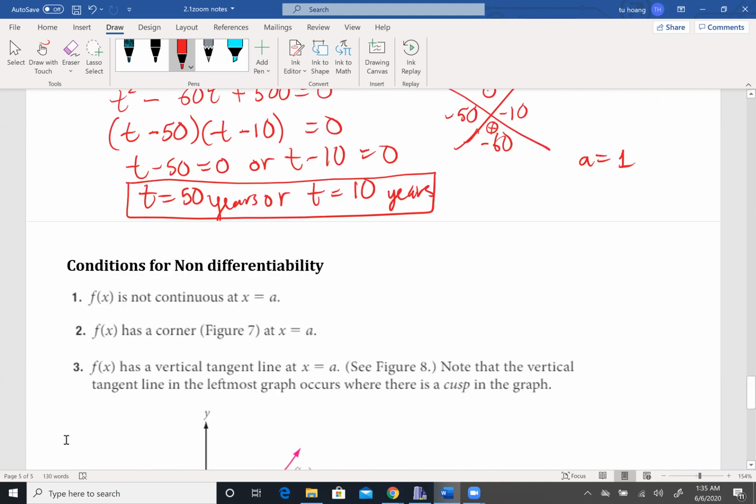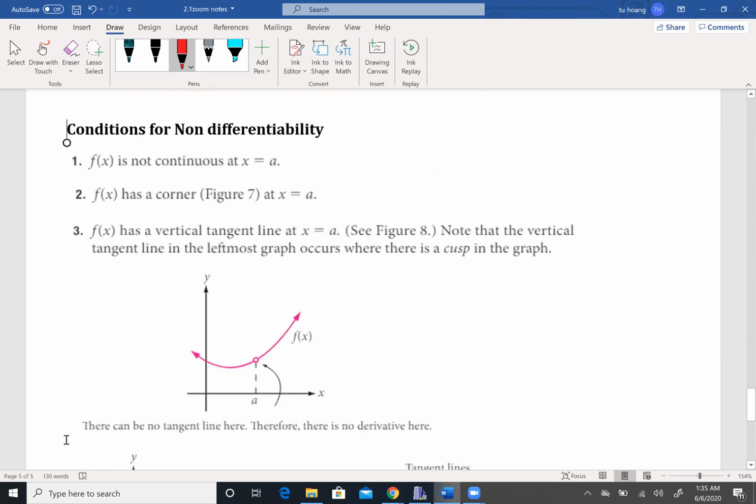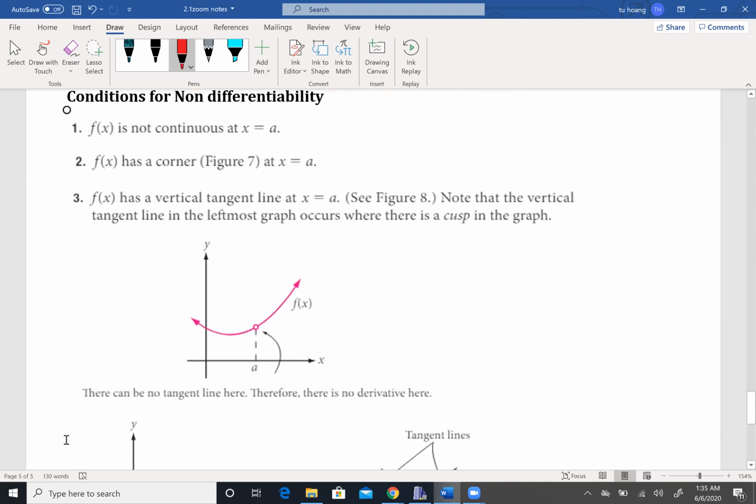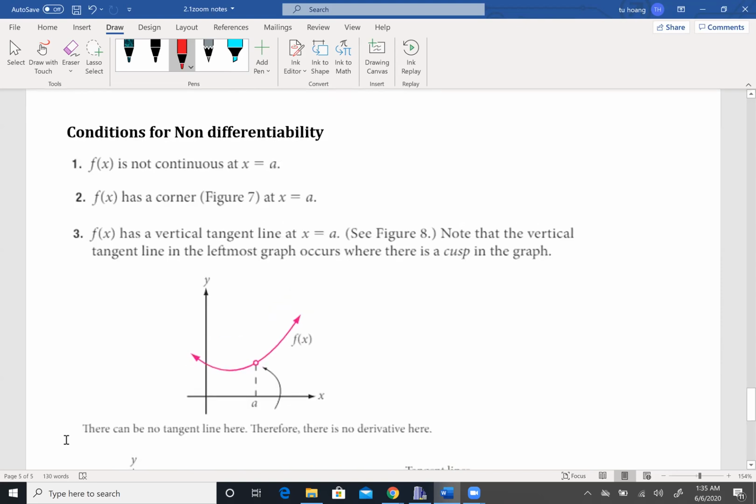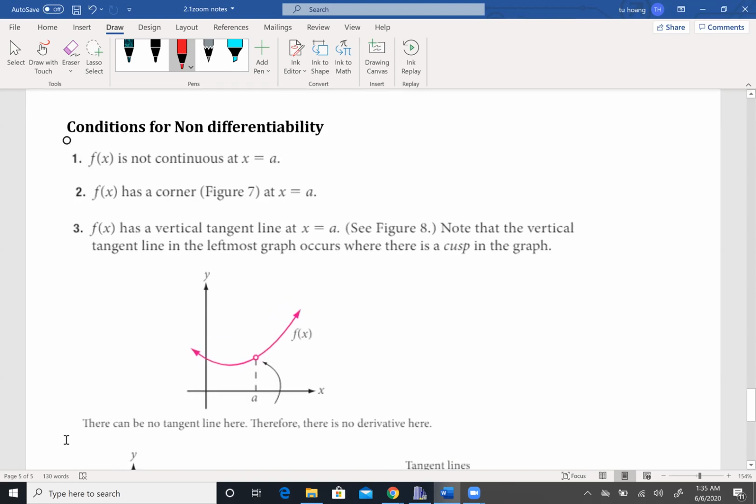Lastly, this is the condition for non-differentiability. These are 3 cases that you cannot take the derivative.